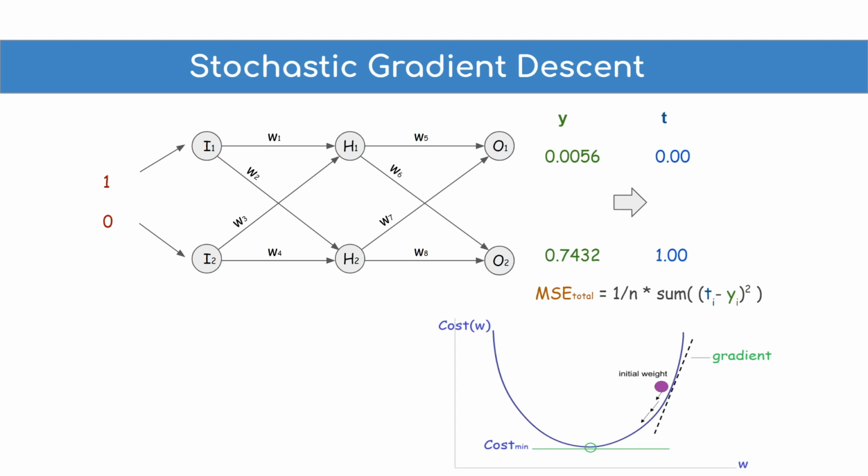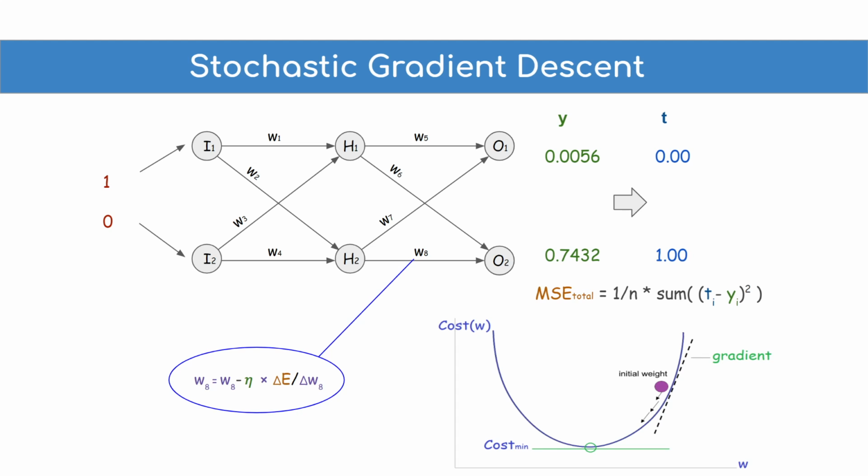So we are achieving this by calculating partial derivatives of the total error with respect to a specific weight associated with the edge. On the left, you can see the basic formula for the case of weight W8.